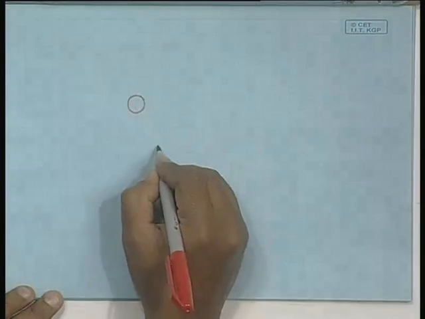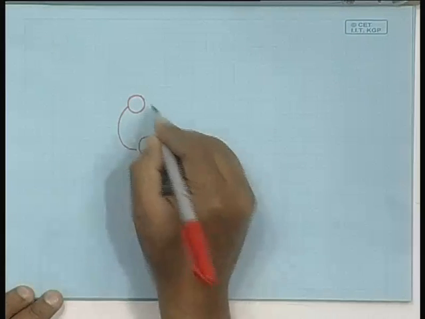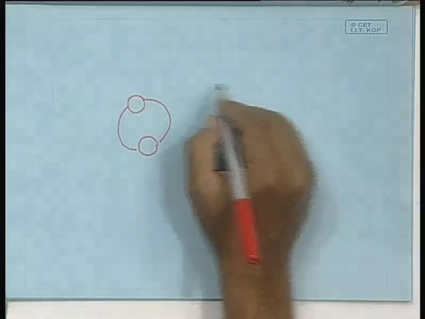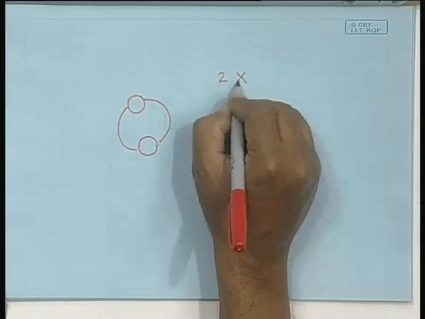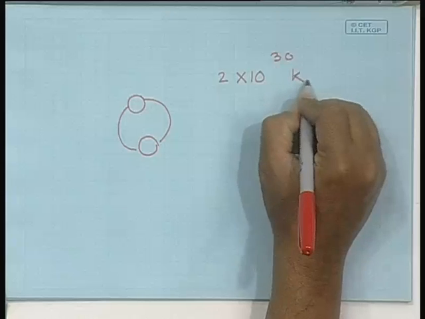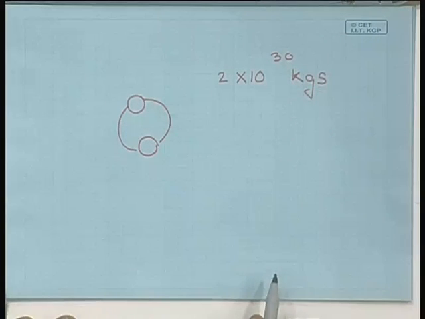So, if you have two very massive stars in close orbit, the mass of a star like our sun is 2 into 10 to the power 30 kgs, and you could have very massive stars which are maybe 10 times larger than this.